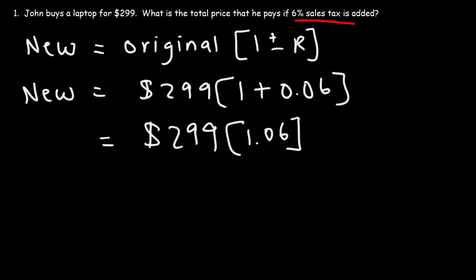Now, just for you to understand why this works, $299 times 1 gives you the original price. $299 times 0.06 gives you that 6% sales tax that he pays in addition to the original price of the laptop. And so that's why we're going to get the same answer. So $299 times 1.06 is $316.94. I believe this method is a lot easier.